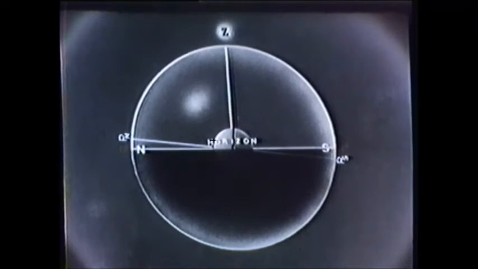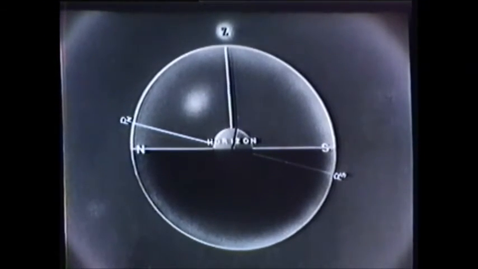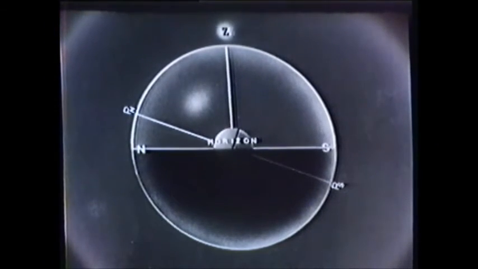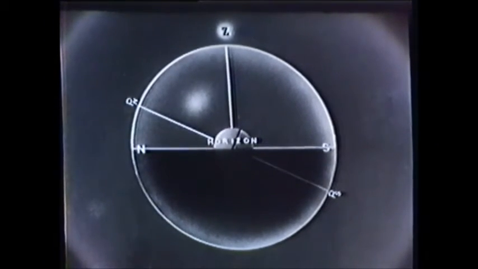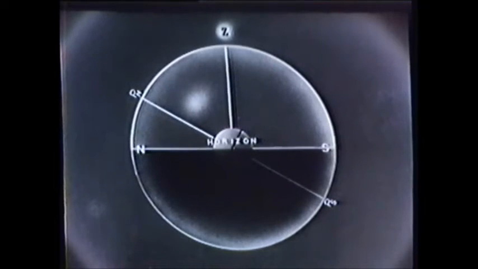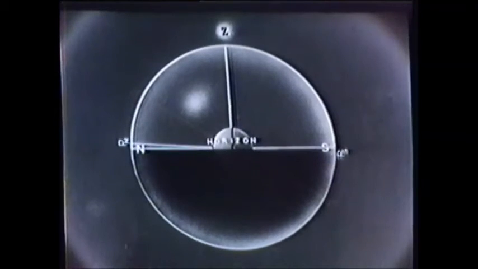The line from the observer to the zenith remains vertical, and the plane of the horizon remains horizontal. Note that the north celestial pole rises above the horizon and the south celestial pole sinks below the horizon as the observer moves north. As he travels southward, the opposite condition results.